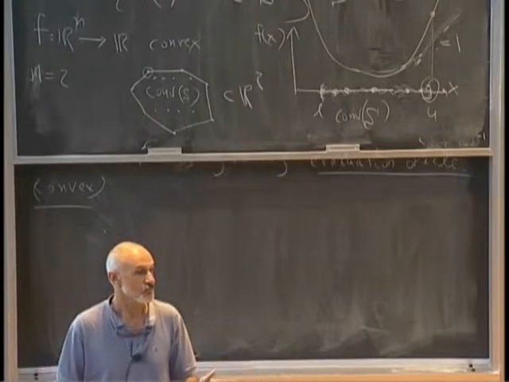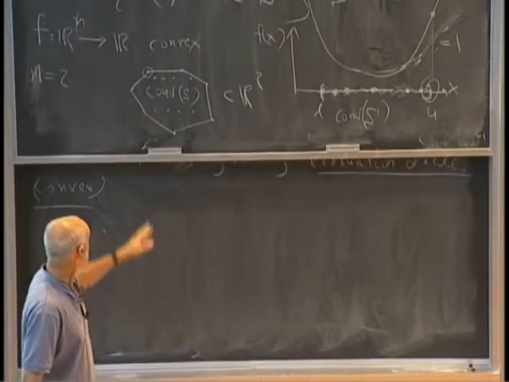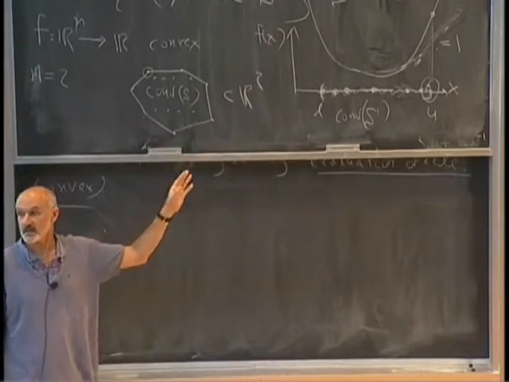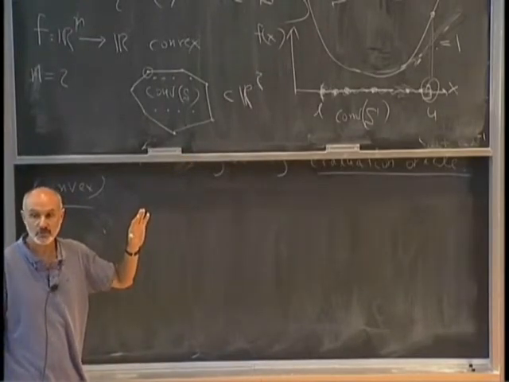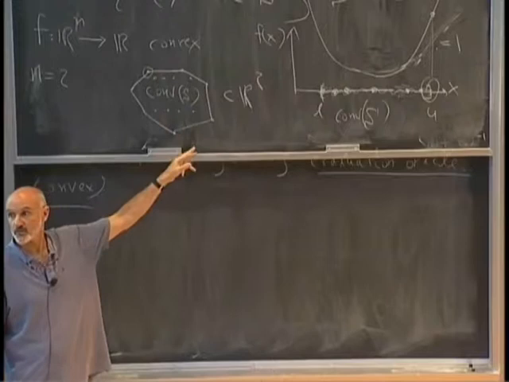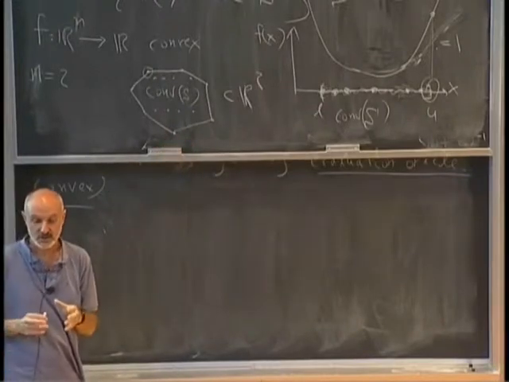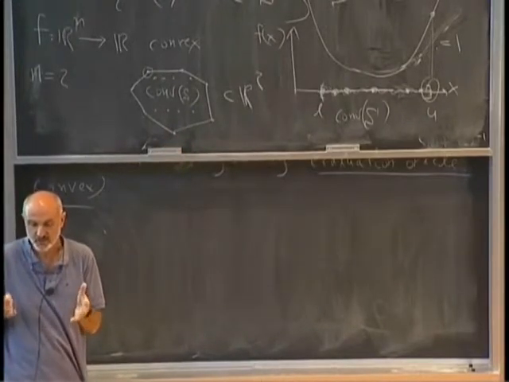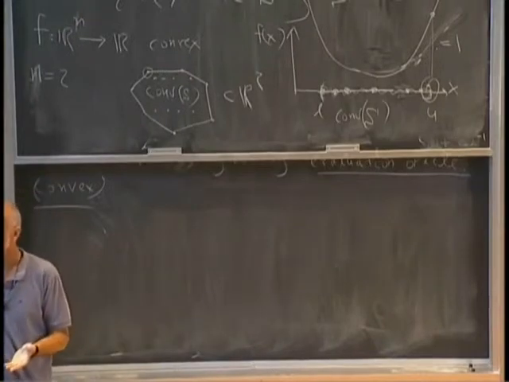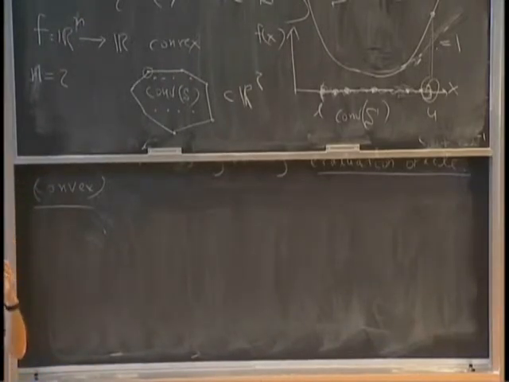The number of vertices. And the point is the following. If you look at the vertices and you assign whatever values you want to them, since these are points which are convexly independent, you can always extend it to some function which is convex, and on the vertices you get exactly the values you assigned.